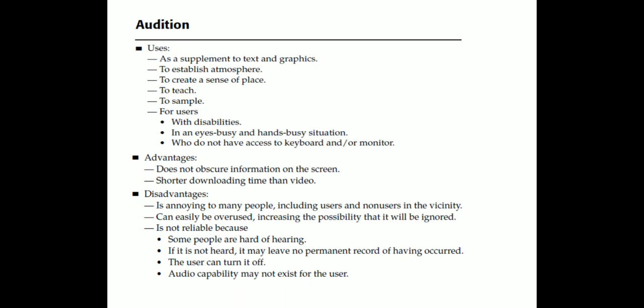The advantage of having audio is its ability to offer commentary or help for visual display. Audio does not obscure information on the screen and it downloads faster than most other types of graphics.